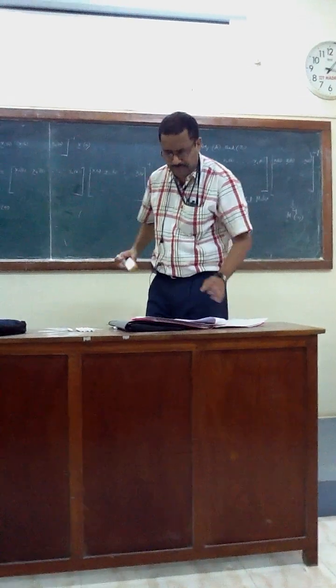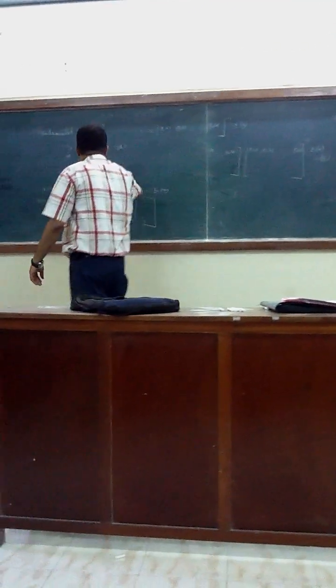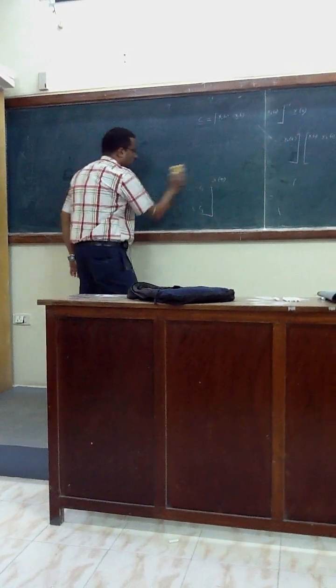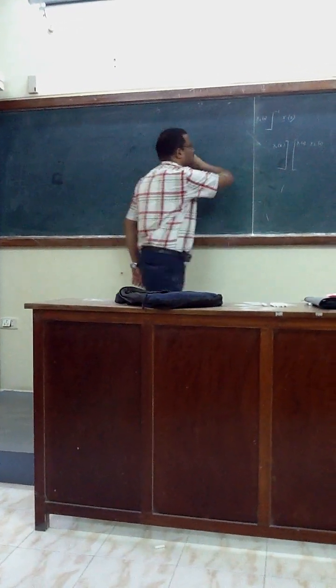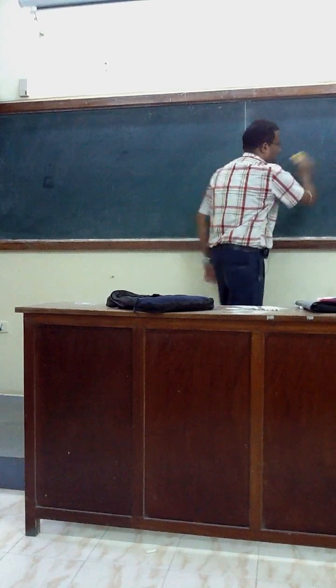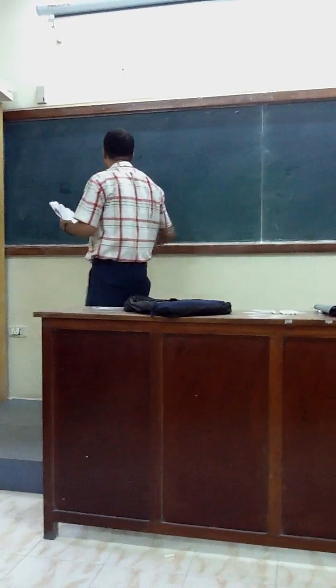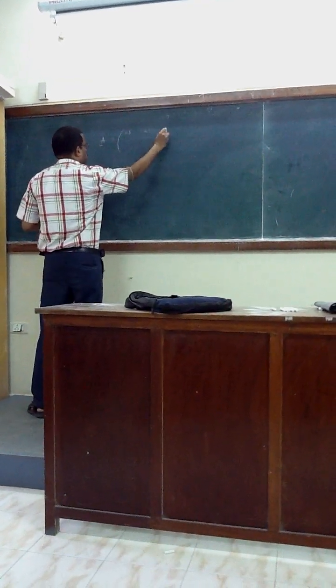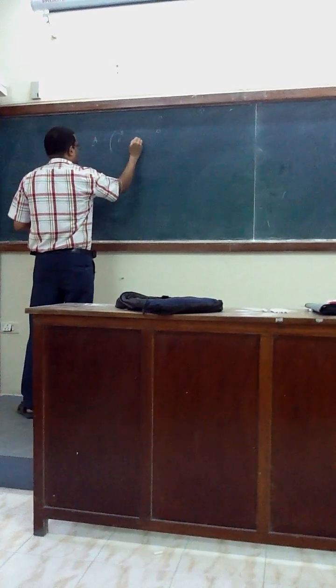Our problem is A equals the matrix with rows: minus 3, 2, 0; 0, minus 3, 1; 0, 0, minus 2. Very bad problem I have taken. Eigenvalues are all the same. Without calculating, you can see the eigenvalues. They are all minus 3.